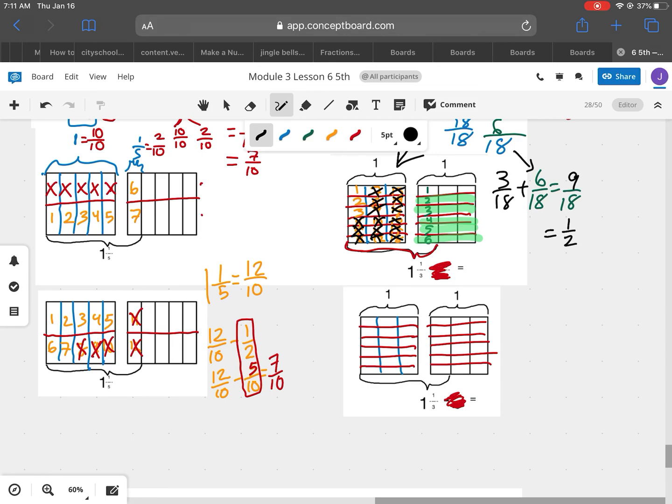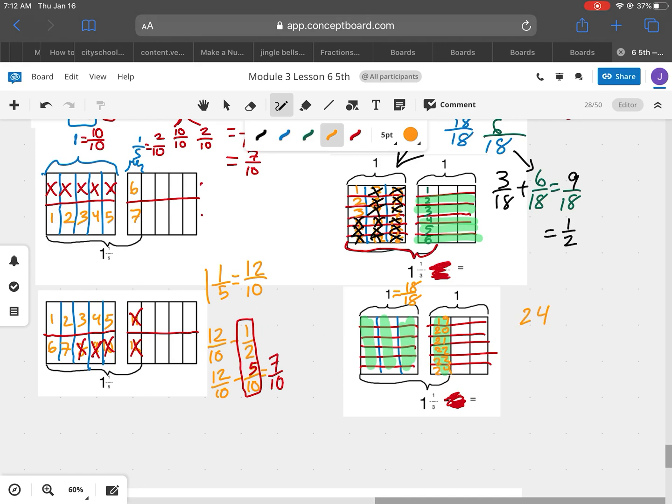I think the second method is a little bit easier in some sense. All right, so now that we have 18ths over here, hopefully you see that the shaded part is this part right here. So if you count all those up, hopefully you know this is equal to 18 18ths, and then this would be 19, 20, 21, 22, 23, and 24.